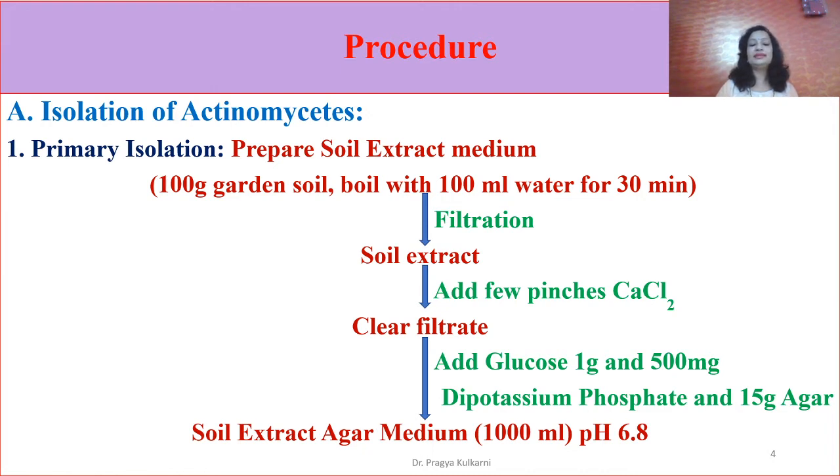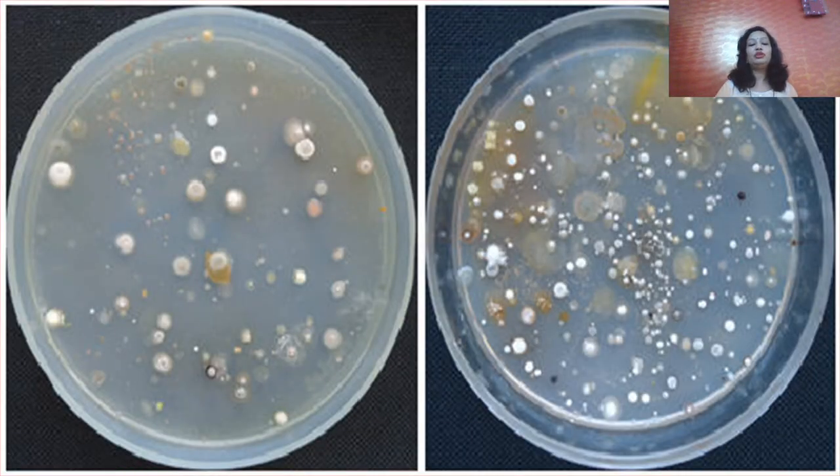The actinomycetes are then inoculated with the collected soil suspension by the spread plate technique. After incubation for 5 to 7 days, this is the master plate. This is the master plate, soil extract agar medium inoculated with the soil suspension by the spread plate method. There is complete spread of inoculum, and after 5 to 7 days of incubation, the dry, rough colonies of actinomycetes appear like this.